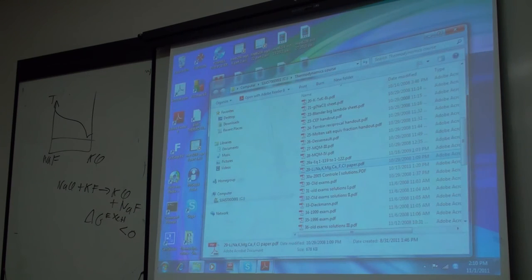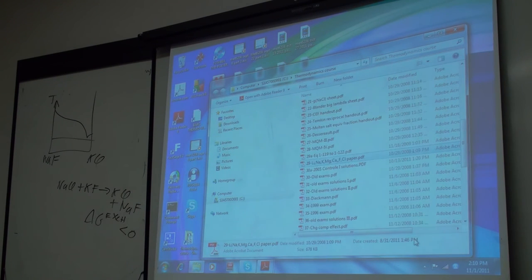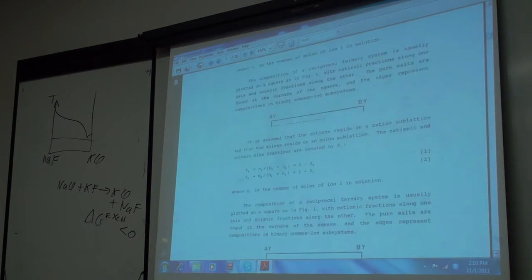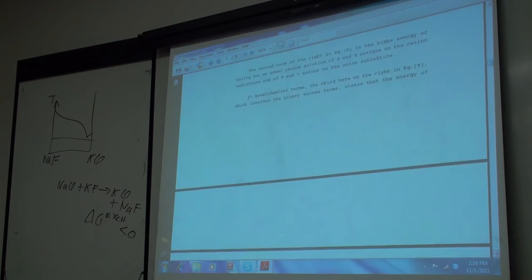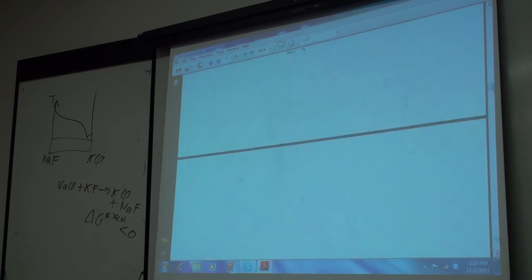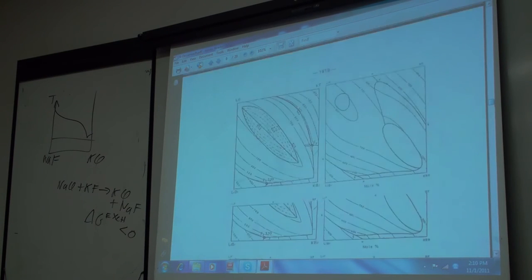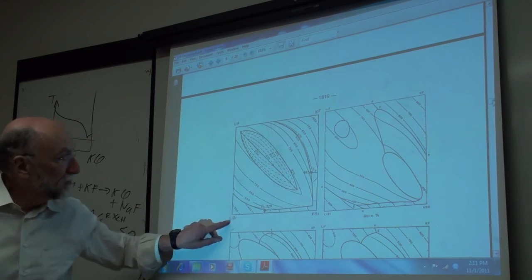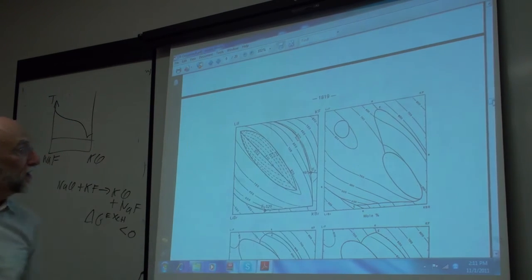If you want, I'll show you one more. What happens if the delta G exchange becomes positive enough, becomes large enough? If it becomes large enough, you can end up with a miscibility gap. Up here, this is an experimental diagram, this is your lithium, potassium, bromine, fluorine.